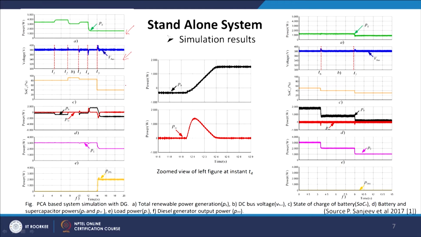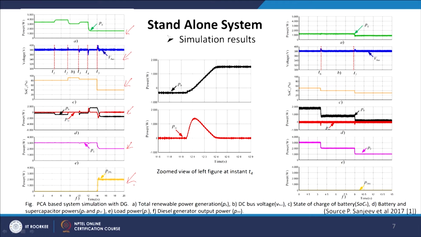and this is the state of charge of my battery, and this is the power of my battery and supercapacitor. Then this is the load power, how the load is being taken care of, and this is my diesel generator output.